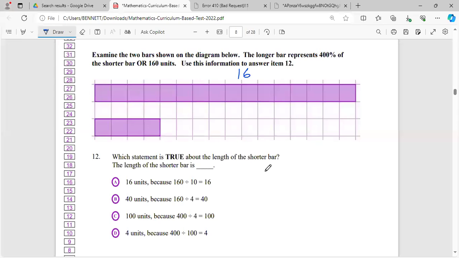After class though, guys. So he said, which statement is true about the length of the shorter bar? The length of the shorter bar is, so as somebody said, guys, if this one is 400%, and they said it's also equal to 160 units.